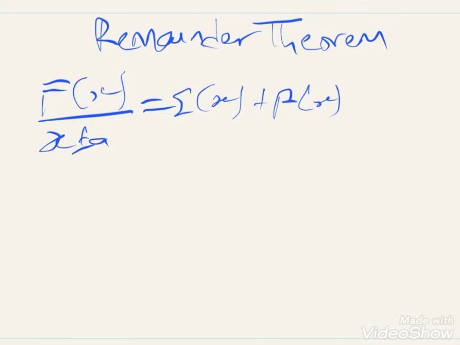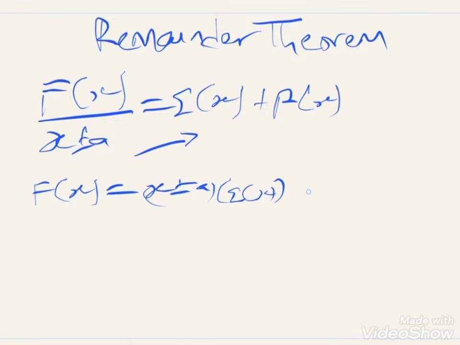It shows that when we clear this fraction, we will have f of x equal to the linear factor x plus or minus a times the quotient q of x plus the remainder r of x.